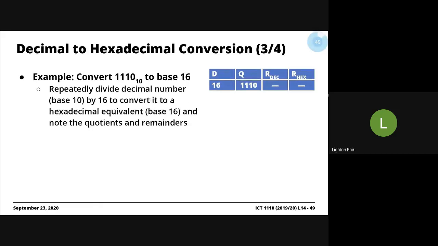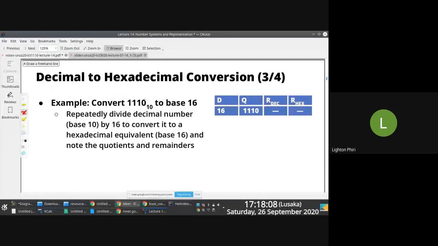In this case, we are trying to convert 1110 base 10 into base 16. So we will repeatedly divide 1110 by 16. The quotient is going to be 1110, and the divisor is going to be 16.